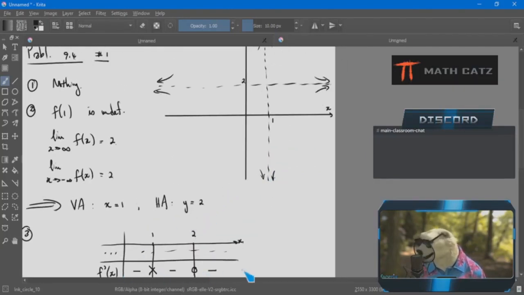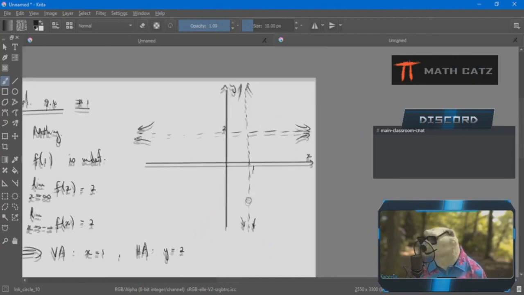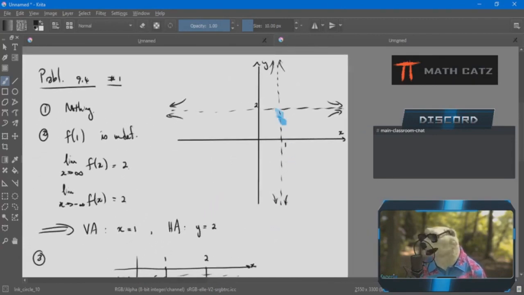So I remember everything's decreasing everywhere. So if everything is decreasing, it can't be this top arrow working left to right for the horizontal asymptote. It can't be that top arrow because then it would go up. It has to go decreasing down, decreasing to the vertical asymptote.